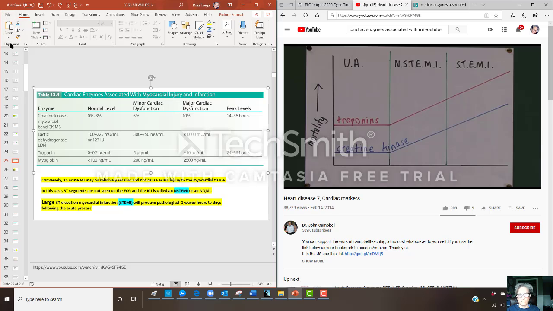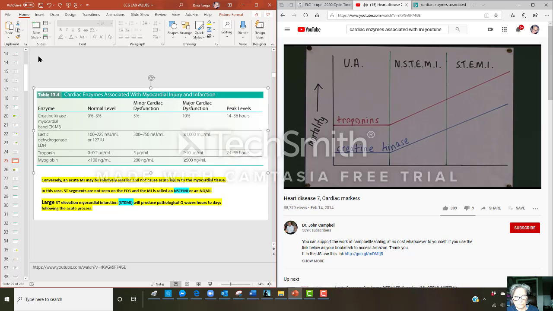Now, physiologically, what they do is they're associated with the actin myofilaments. You might remember that actin is the thin filament and myosin is the thick filament. And in relaxed muscle, the troponins actually work by preventing cross-bridging with the myosin microfilaments, thereby preventing contraction of the muscle.